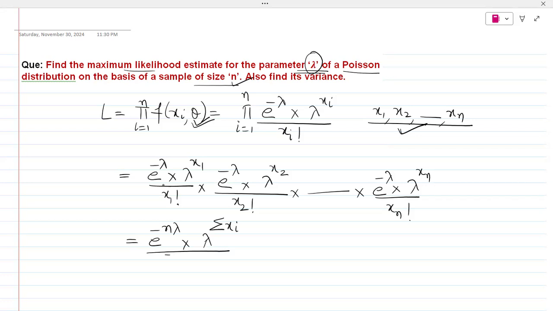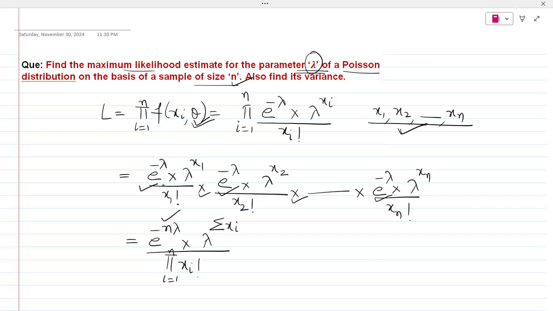And here, divided by the product of xi factorial, i from 1 to n. Obviously, e to the power minus lambda into e to the power minus lambda, going on, e to the power minus lambda, how many times? n times.